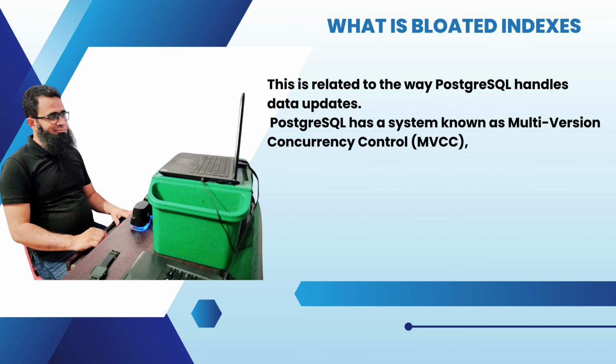In PostgreSQL, whenever we perform any update in a row, PostgreSQL first marks this row as a dead tuple and creates a new row for the new data. So due to this mechanism, dead tuples are generated in our database. Due to that, the index becomes bloated.